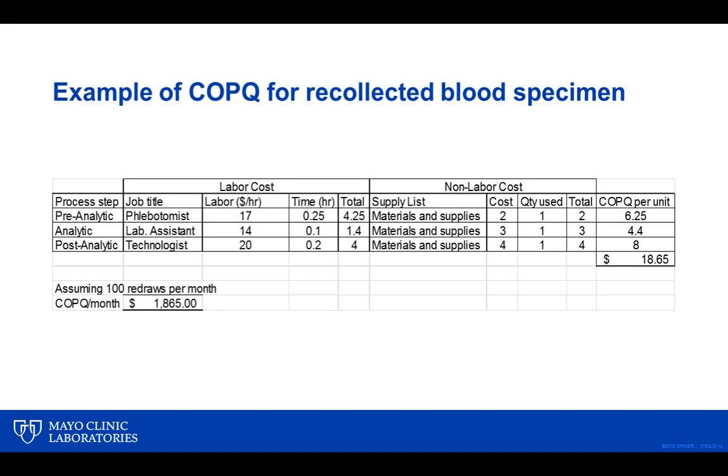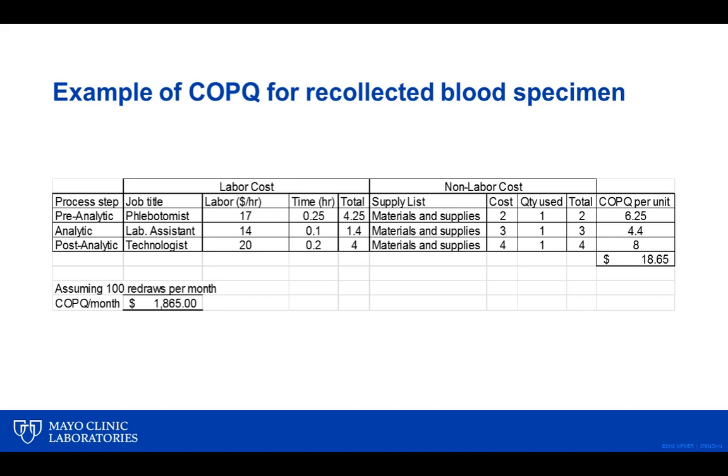You can expand this as much as you want. So if we look at the analytic side, we're saying the lab assistant has a rate of $14 per hour, and on average it takes that person about 0.1 hours to do that. So the cost for a lab assistant to investigate this error is $1.40.